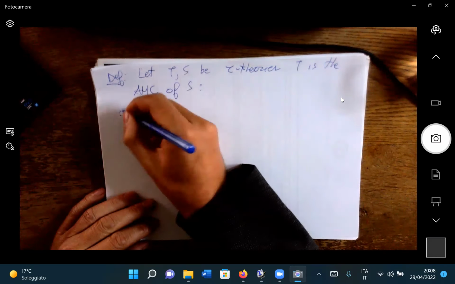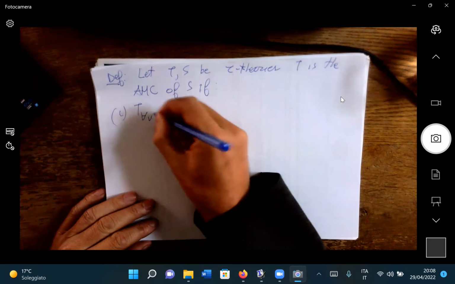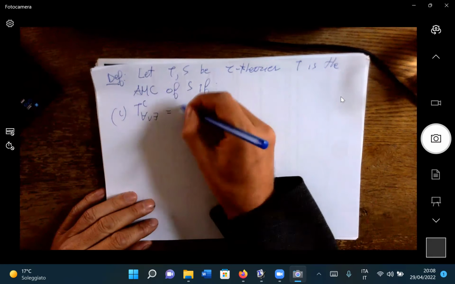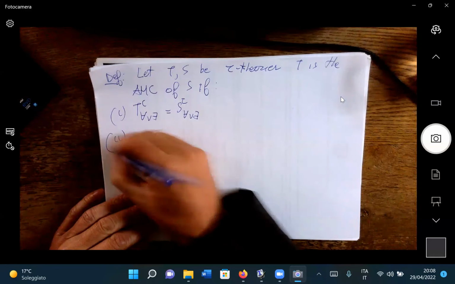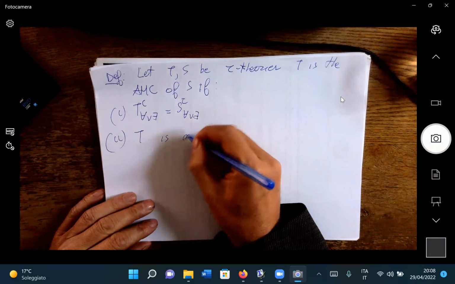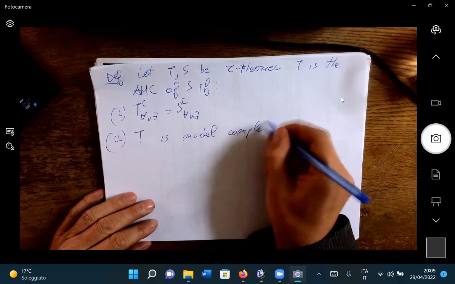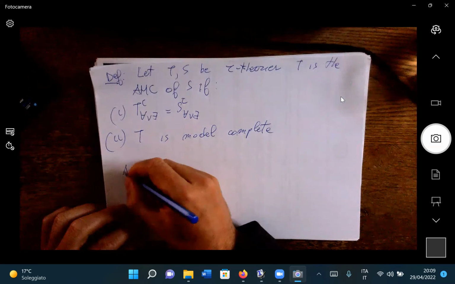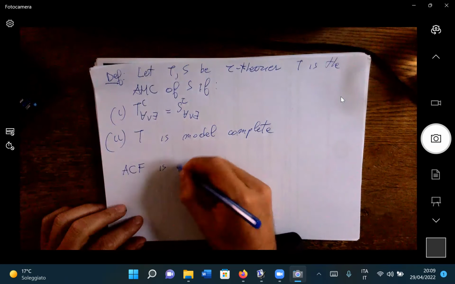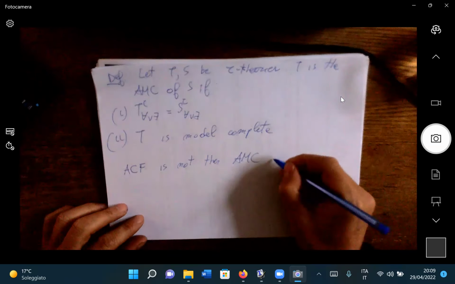If 1, T for all exist tau is equal to S for all exist tau, and 2, T is model complete. Okay. So now you see, for example, ACF is not the AMC of fields.